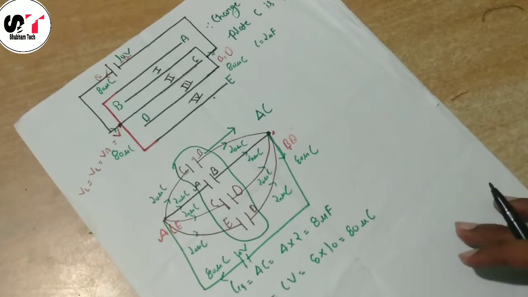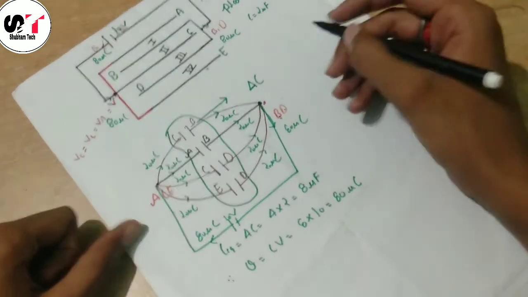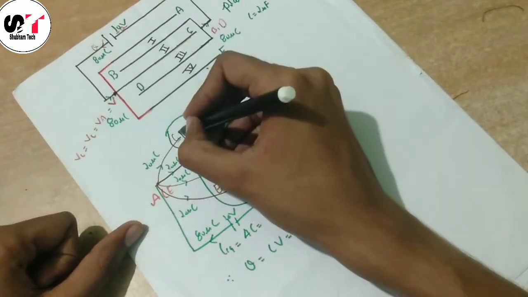How much charge exists on C plate? So C plate is here and here.